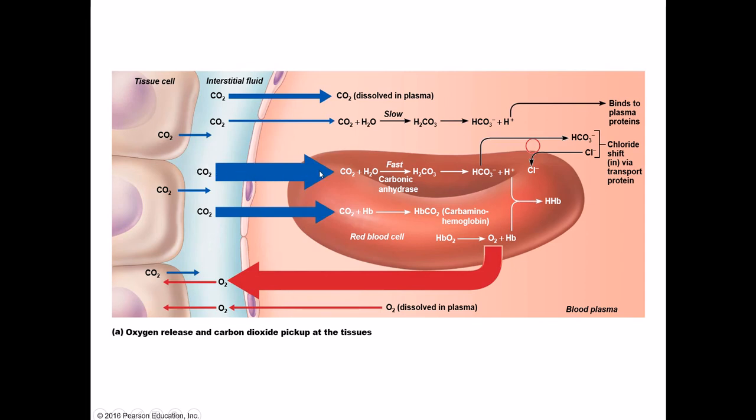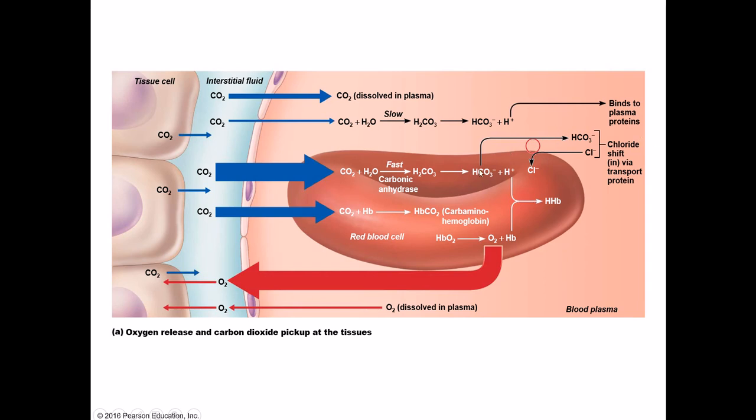diffuses into the red blood cell, and with the help of the carbonic anhydrase enzyme is very rapidly converted into carbonic acid, which then breaks down into hydrogen ions and bicarbonate ions. And then those bicarbonate ions very quickly diffuse out into the plasma, where they are then transported through the blood.